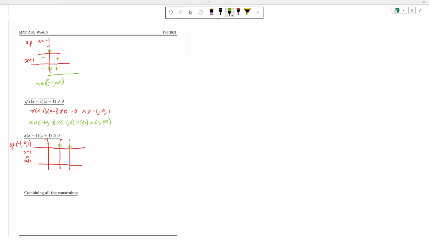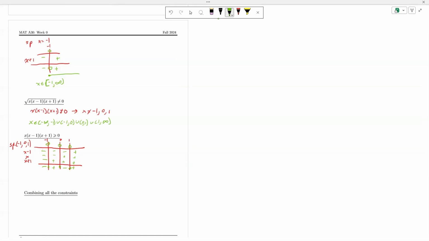I'm not undefined at any of them. Now, x minus 1 is positive, then negative, then negative, then negative. Positive, positive, negative, negative. Positive, positive, positive, negative. Completing the sign chart, we do our sign multiplication. And I'm equal to 0 on these points.